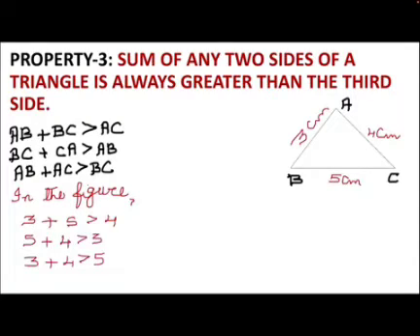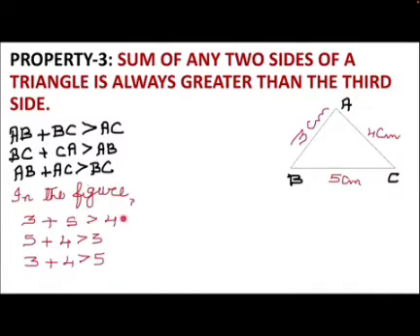Likewise, 3 plus 4 is greater than 5. I hope children you understood. What we mean is, here 3 plus 5 is 8. 8 is greater than 4. 5 plus 4 is 9. 9 is greater than 3. 3 plus 4 is 7. 7 is greater than 5.